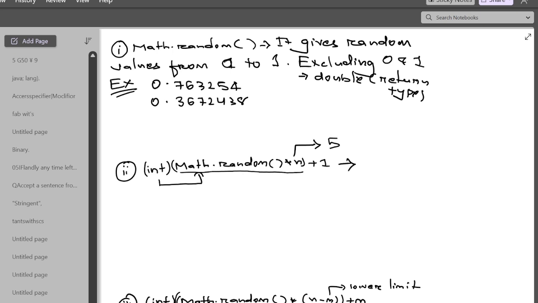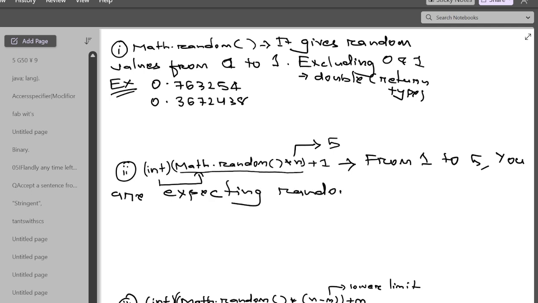The meaning of this command is that you are expecting random values from 1 to 5, random values that will be given by the compiler.